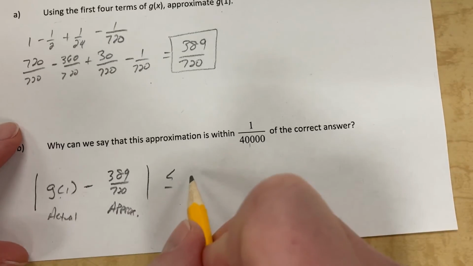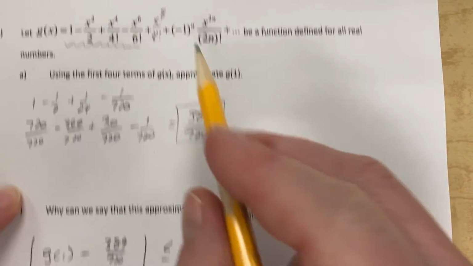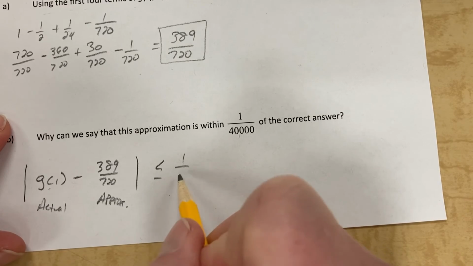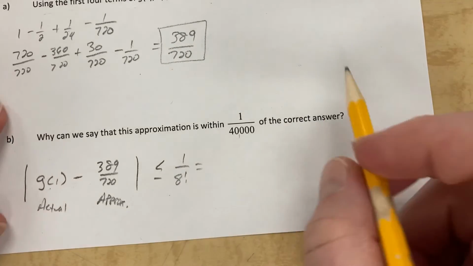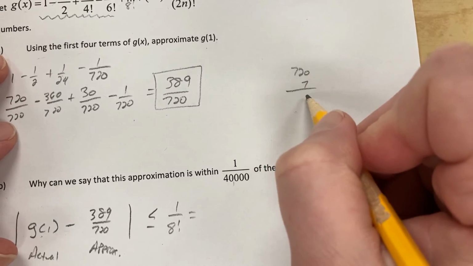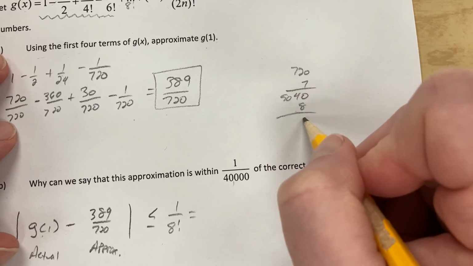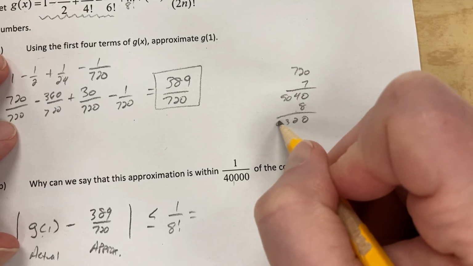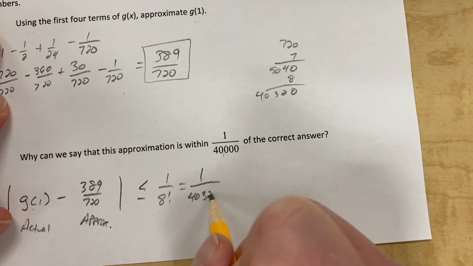And so if I were to put 1, since we were doing g of 1, in for x, we get 1 to the 8th, or 1 over 8 factorial. All right, and 1 over 8 factorial, let's see, 720 times 7 is 5040. If I multiply that by 8, is 40,320.